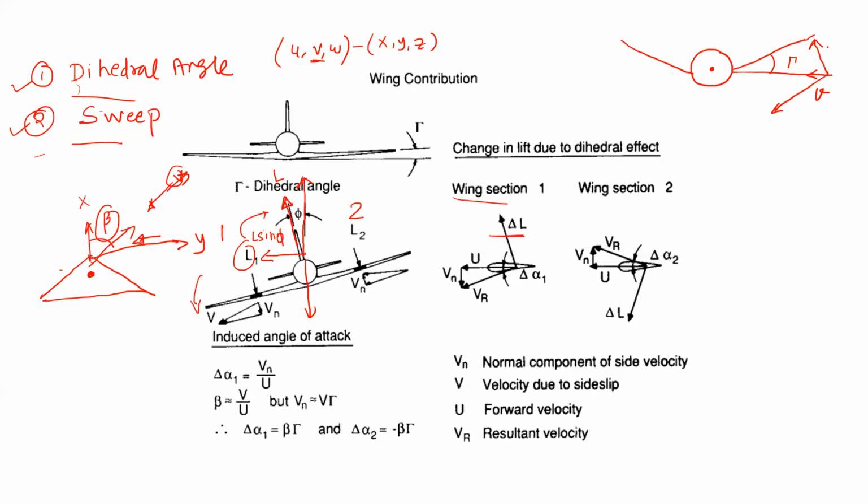Let's rename them: let's call this Vn, and this one tangential, Vt. Can anyone tell me what will be the magnitude of Vn?